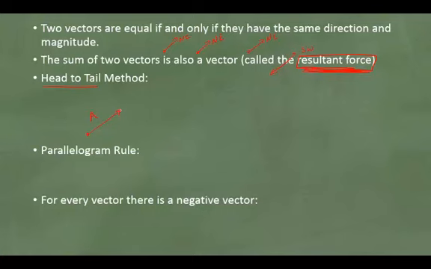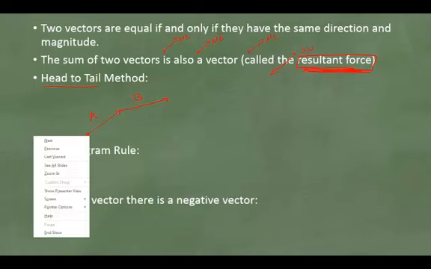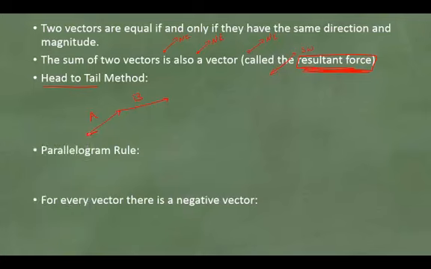So let's say this were A plus B. And the resultant vector, or the resultant force, would be the line connecting the tail of A to the head of B. So this would be A plus B. And that's what we would call the resultant force, that vector.